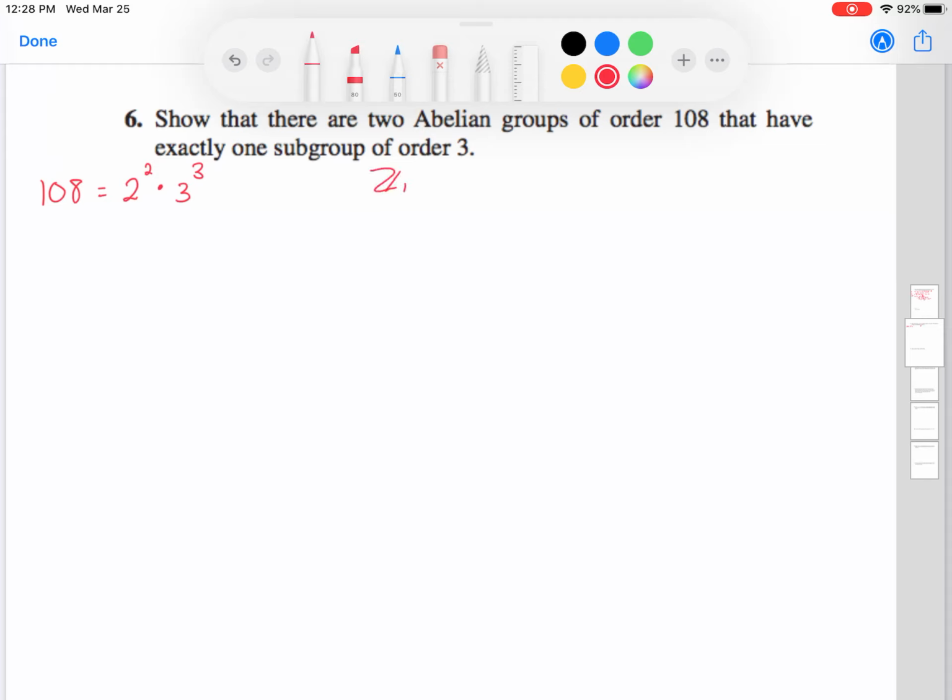Sorry, that didn't come out very clearly. So if we had like Z108, we could rewrite that as, like, say, Z4 external direct product Z27.